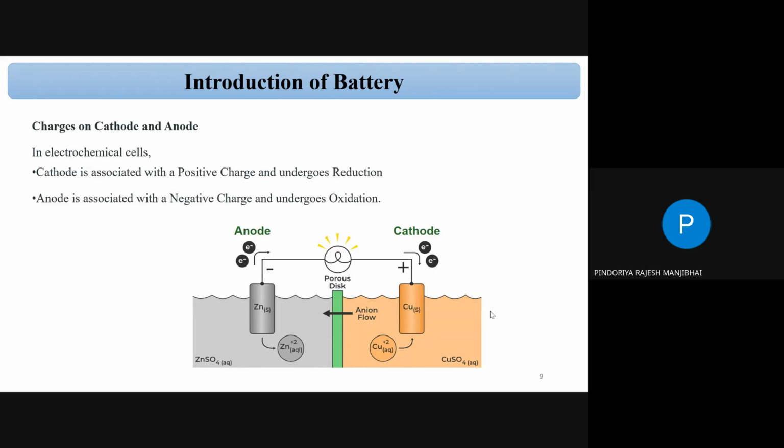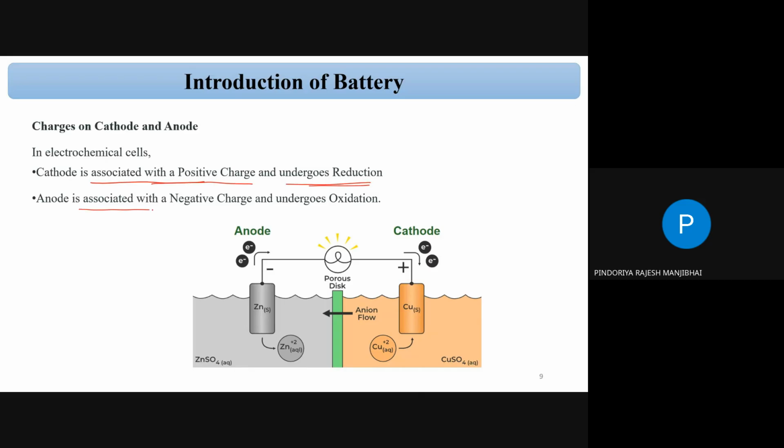What type of charge is available on the anode and cathode terminals? The cathode is associated with the positive charge and undergoes reduction.